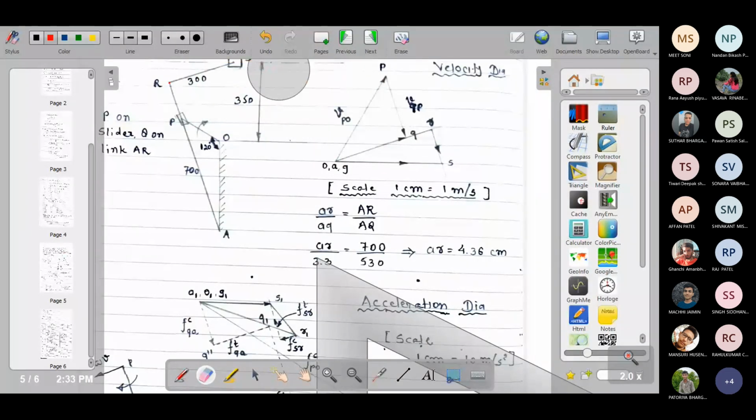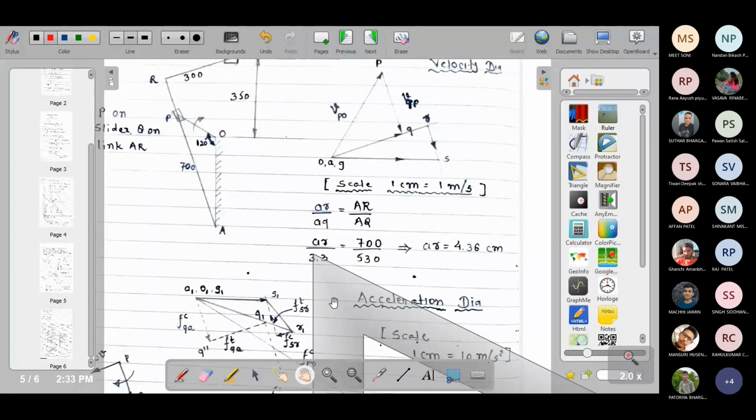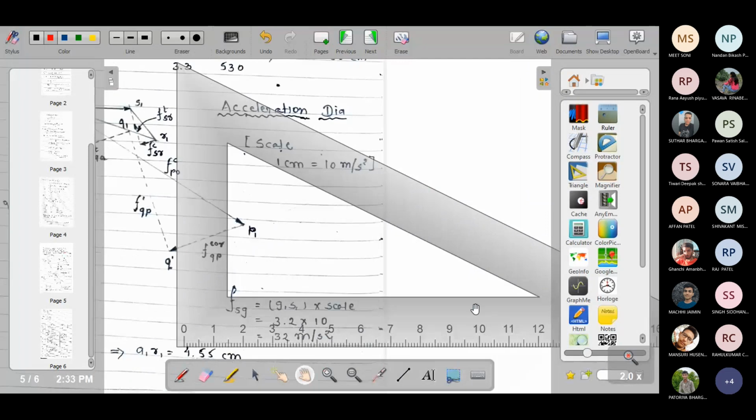Now if I ask you to find the slider velocity, which component will you measure?